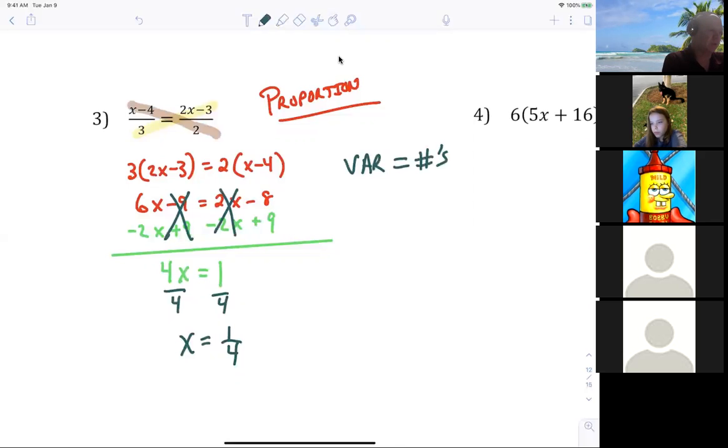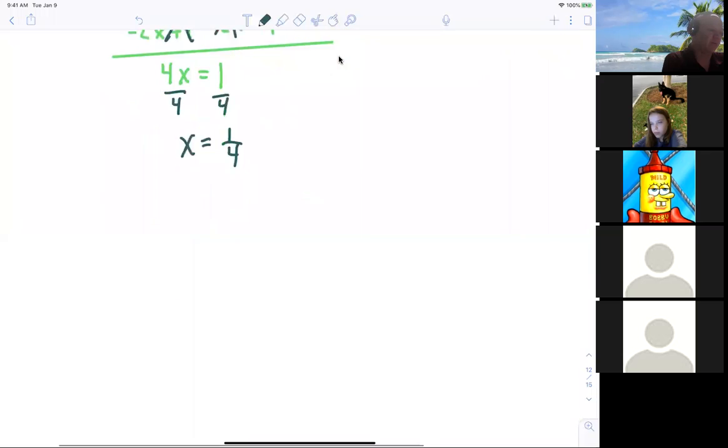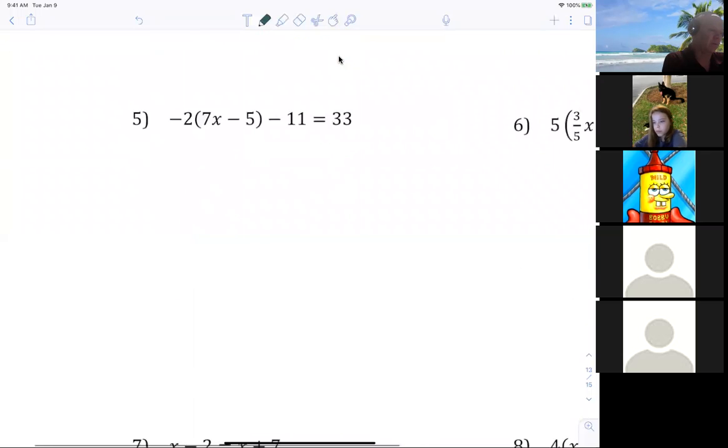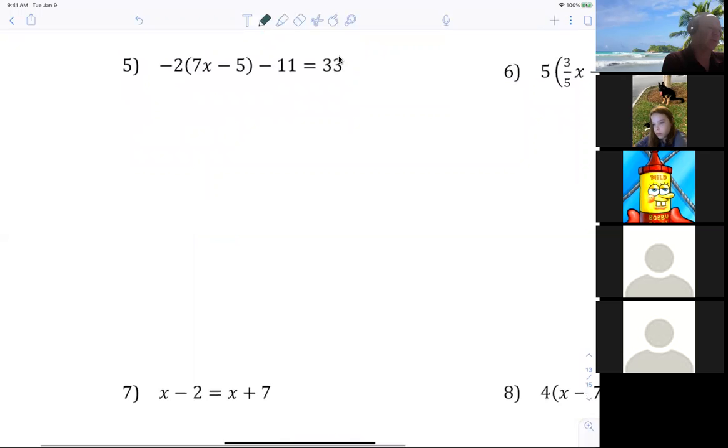All right, let's take a look now at number 5. Here's where some of you made a mistake. Some of you like to try to divide by -2 here. We're not dividing by -2. The reason is that if you divide by -2, everything has to be divided by -2, so we're not going to do that.